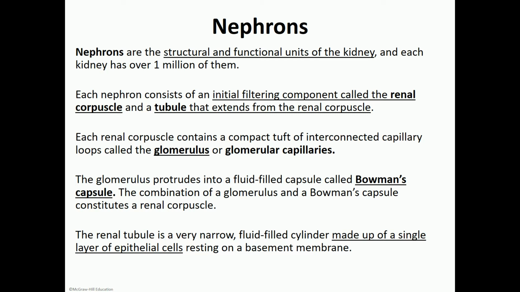The first step of making urine is known as filtration, and that occurs in these renal corpuscles. And then as the filtrate passes through these tubules, it is changed. Some things are important to the body and we want to keep them. For example, glucose and amino acids, we don't want to lose that in urine.